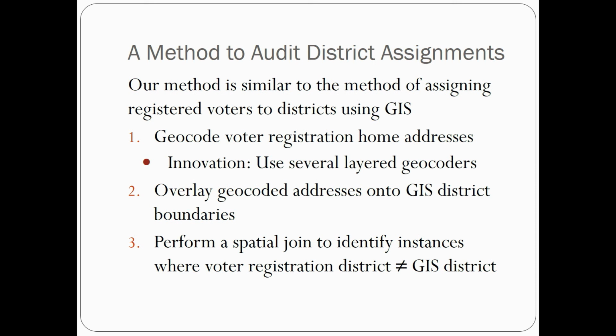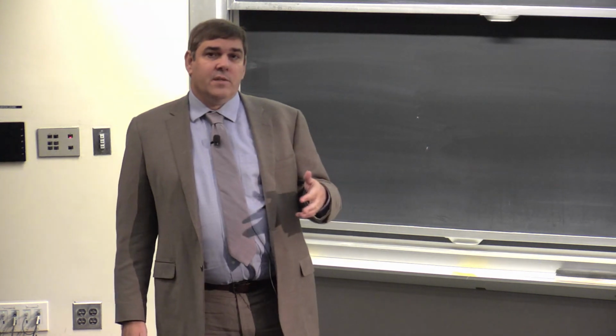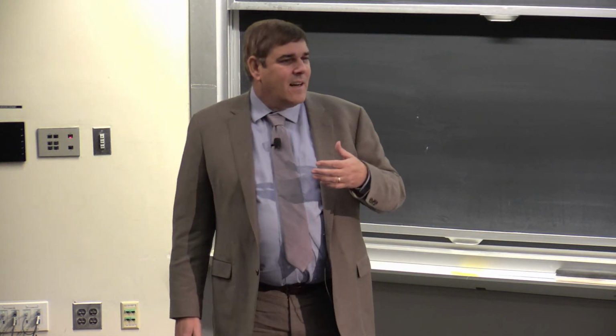The other thing is that voter files tend to have legacy addresses more frequently, and ironically, we found that using a legacy geocoding database actually gave us more complete coverage of the addresses that are correctly geocoded, or at least geocoded, than if we just use the most current geocoding database.